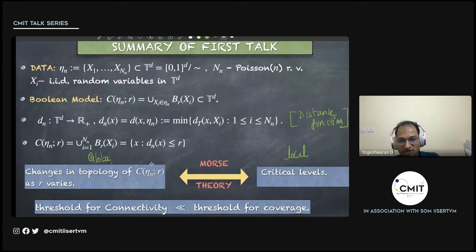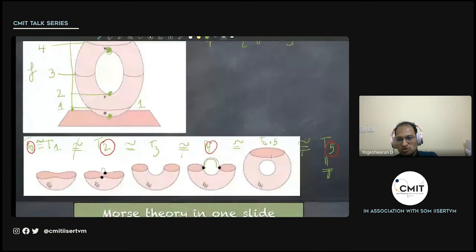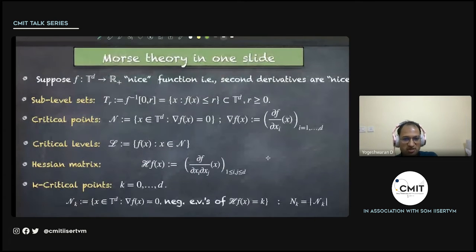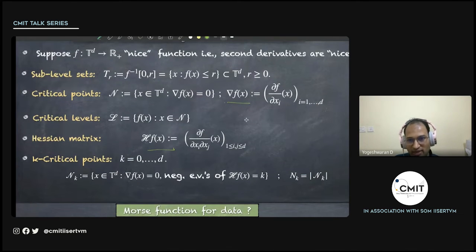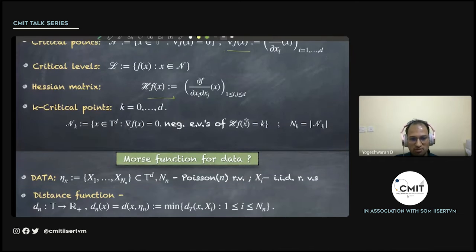The kind of change that occurs is global, but that a change occurs is local. So Morse theory is useful in the sense that it tells you a change occurs. Why is it local? Because it involves just gradients and Hessians. These are all local information. You need to know only f in a neighborhood of a point to understand it. So to know a point is critical, you need to know only locally around the point. So what about data? Let's go back to our question.